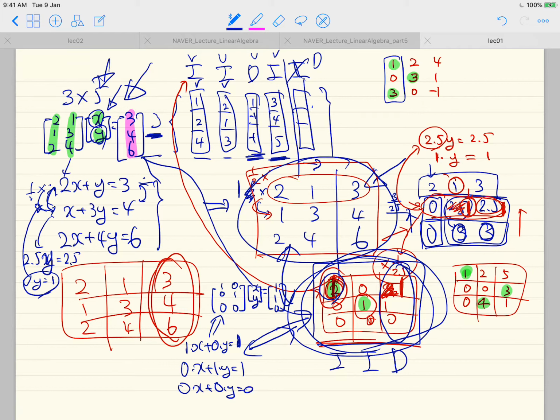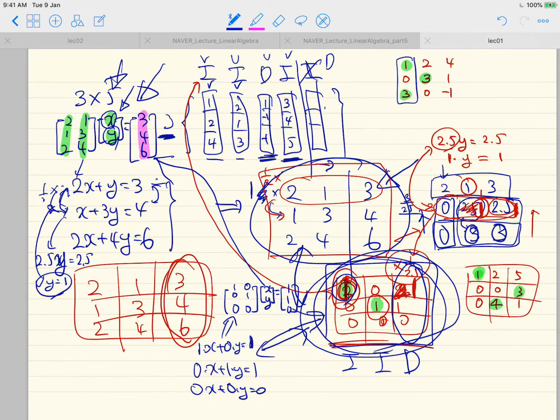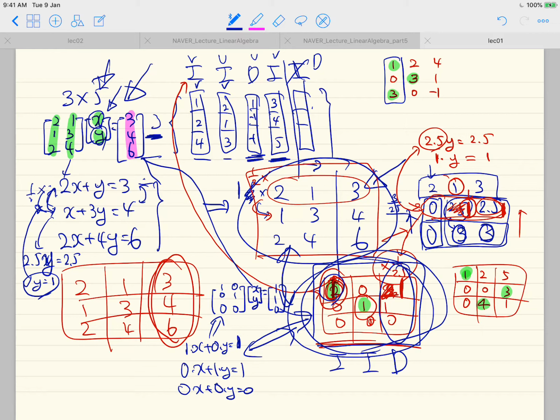Any questions? Okay, I have some more to say about the relation between solving the linear system through Gaussian elimination and the ways to compute the inverse matrix.